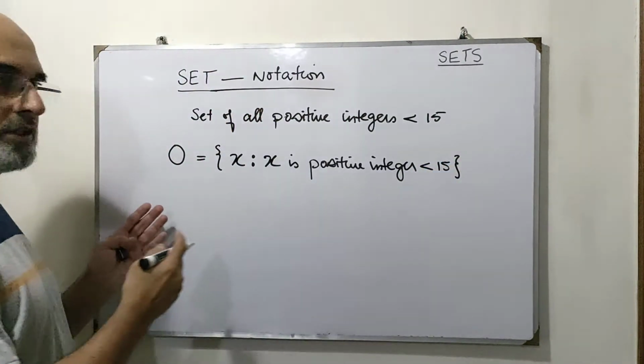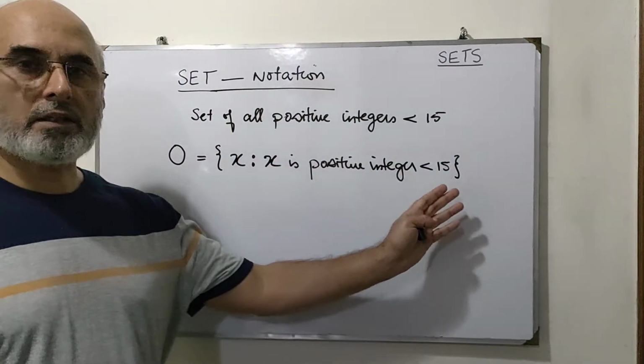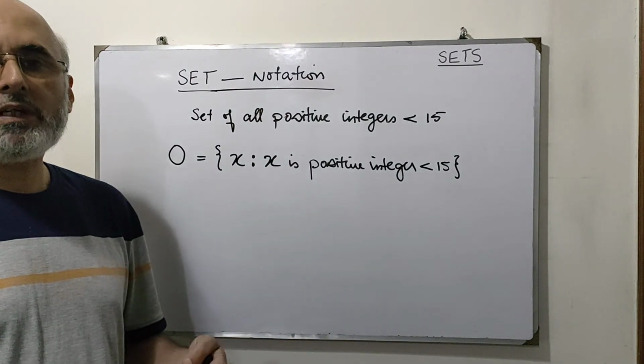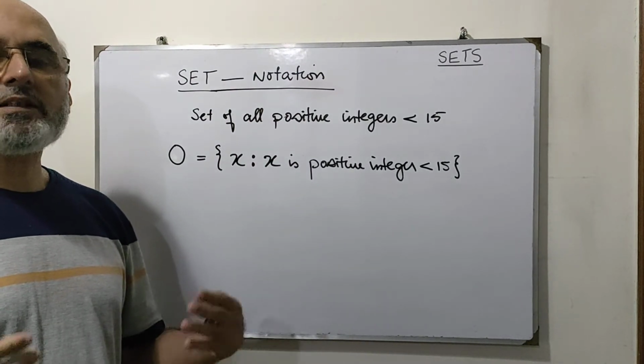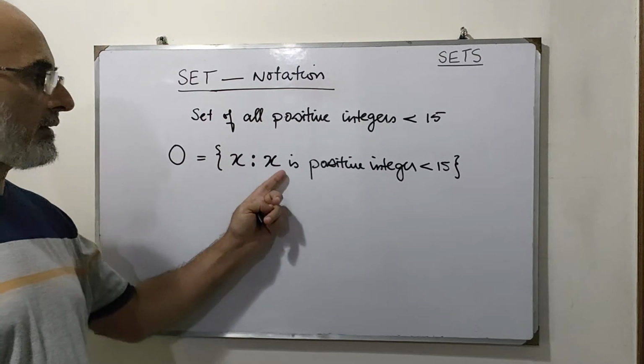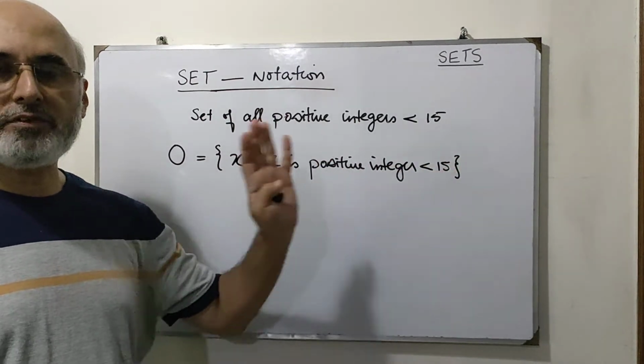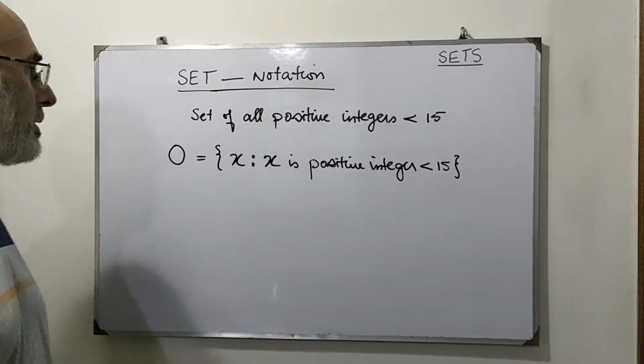The colon here means "such that". So x such that x is a positive integer less than 15. It's a way of expressing how we express things in set notation. Let's take another example.